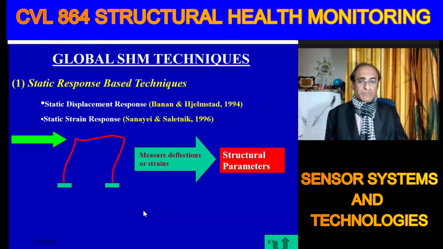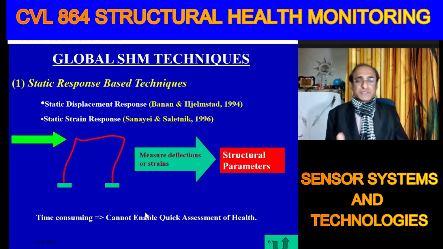So it's like an inverse problem. This is theoretically possible, but static measurements are very difficult, because you have to apply very large loads, and only then will you see measurable deformations. So practically these techniques are not successful.